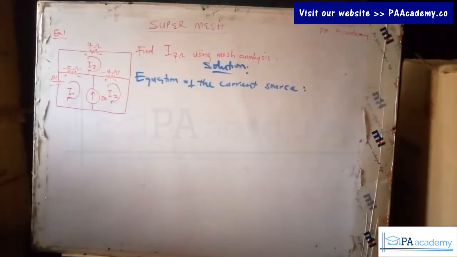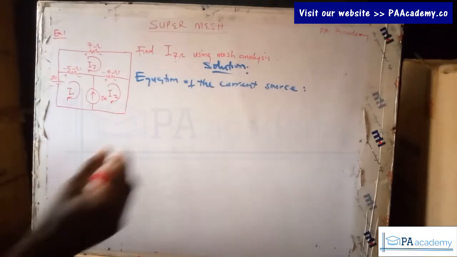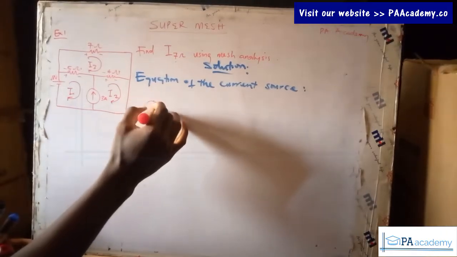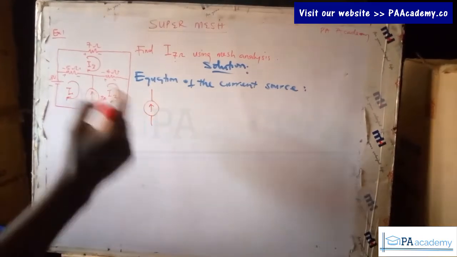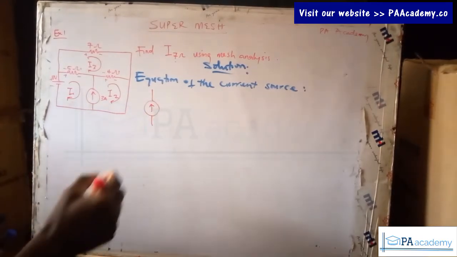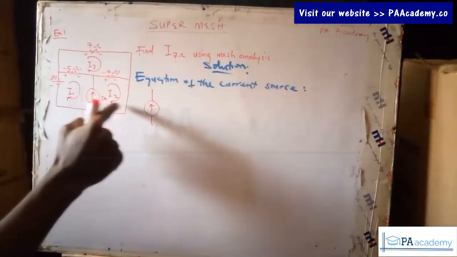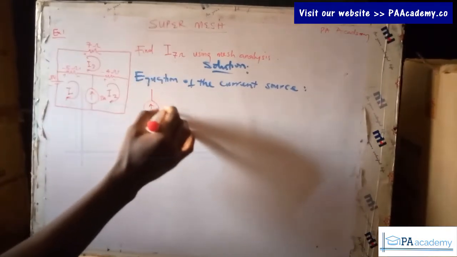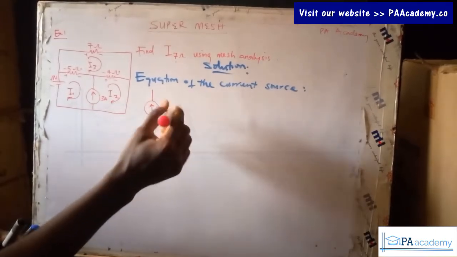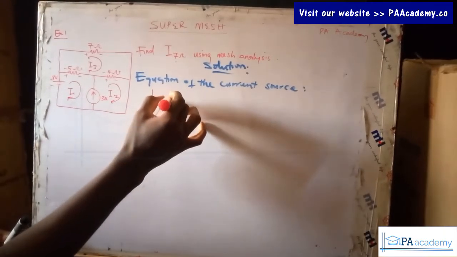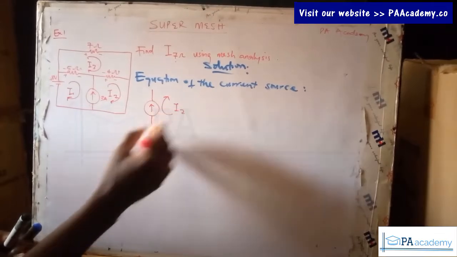So now let me draw that out. This is what we have. This is our current source. We have 2 currents flowing through it. I2 is flowing in this direction, so it's going like this, and this is I2.